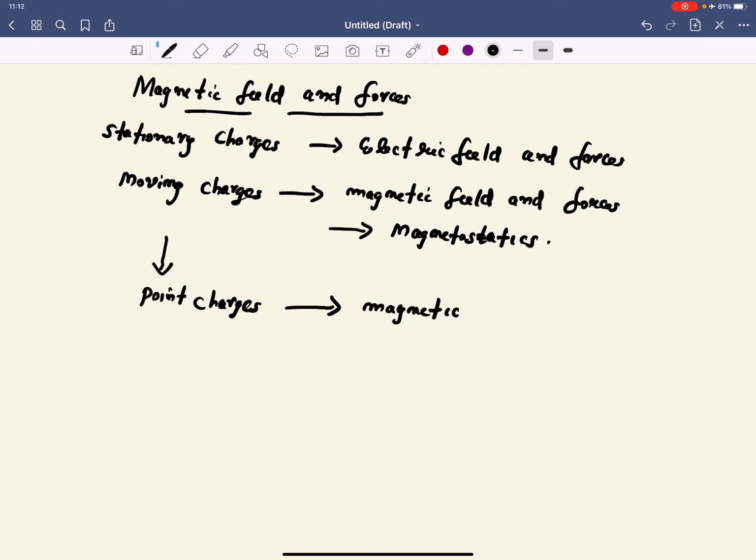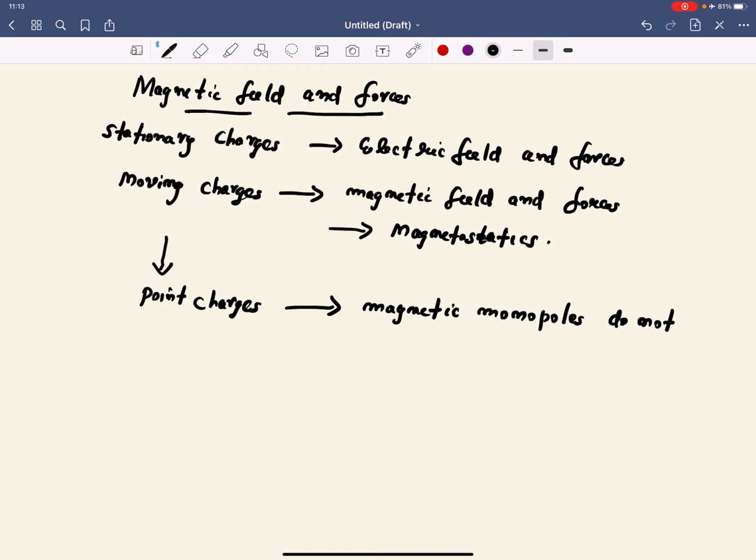At least it is not known that magnetic monopoles exist. Magnetic monopoles do not exist. So we cannot simply borrow the concept of point charges from electrostatics. So we have to consider an array or line of charges.